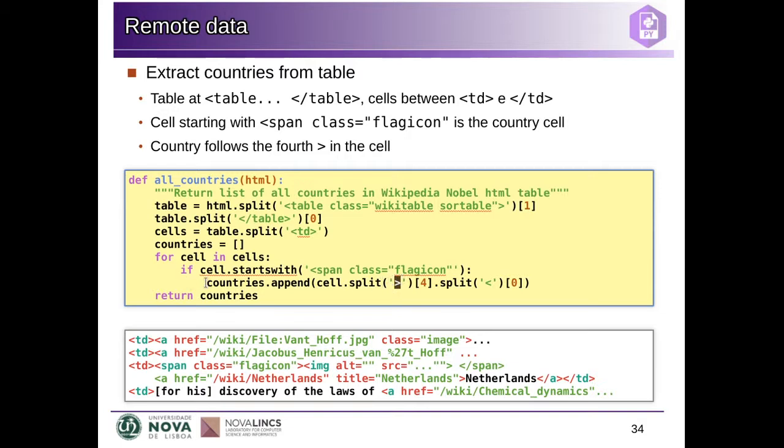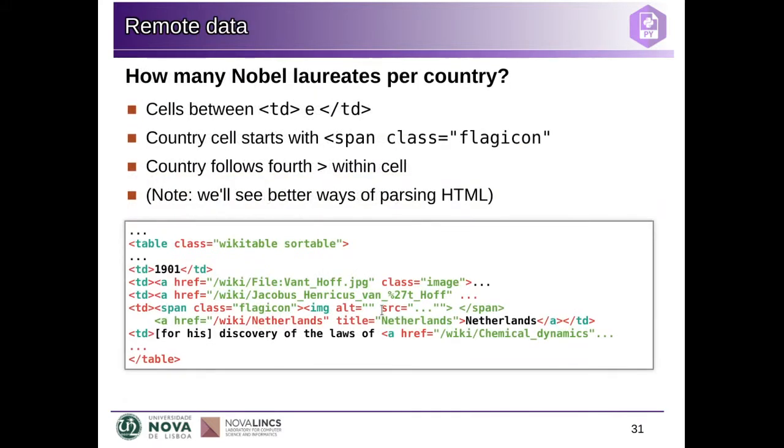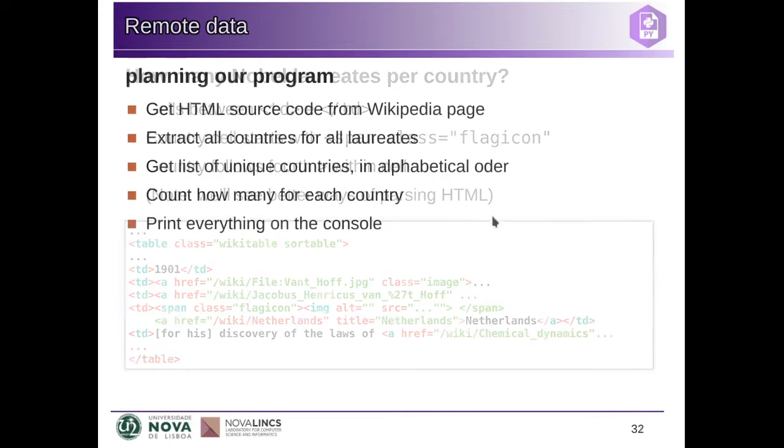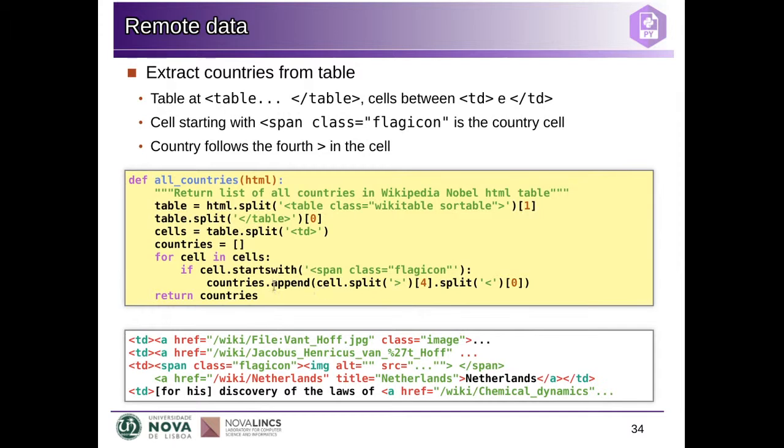So we're going to break it down using these characters here, and we're going to take the fourth piece, which is this one, and also cut at the less-than sign, so we retain only the name of the country. If you want, you can experiment a bit with strings, but this is an easy trick to do. You split and retain one of the strings, and then you split again to throw away another part.